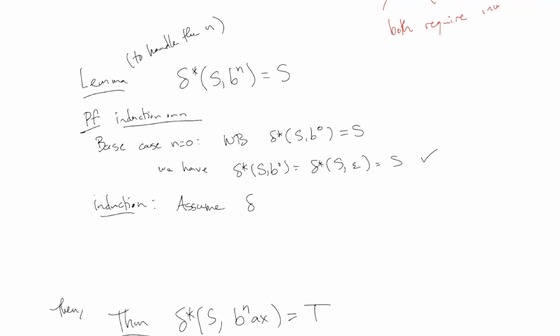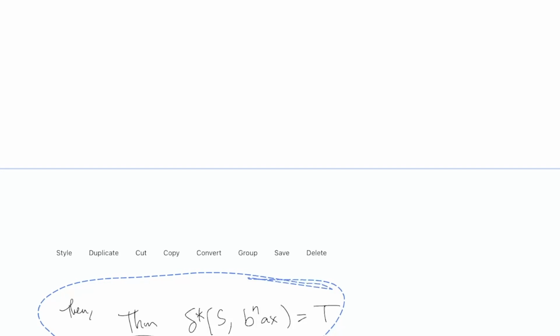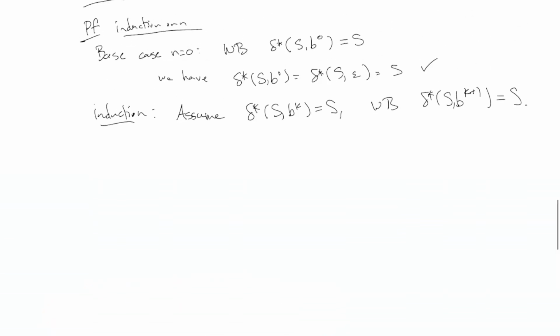We assume delta star of s and b to the k is s, and then I want to show delta star of s and b to the k plus 1 is s, right? I'm going to move this down. Okay, how to show that? We have delta star s b to the k plus 1. I'm going to split that up as delta star of s and b to the k, comma, one more b, right?